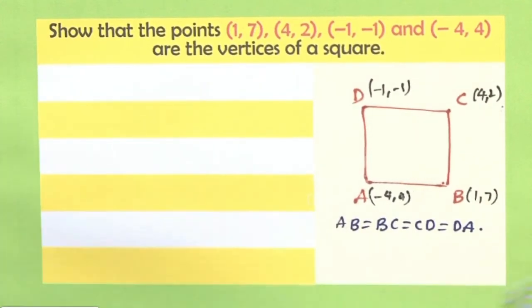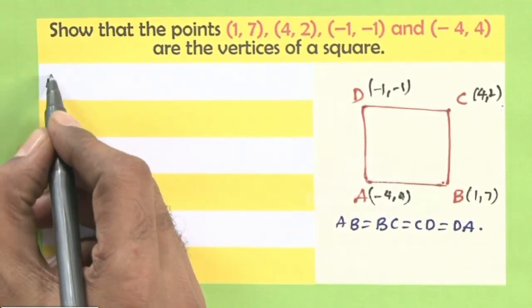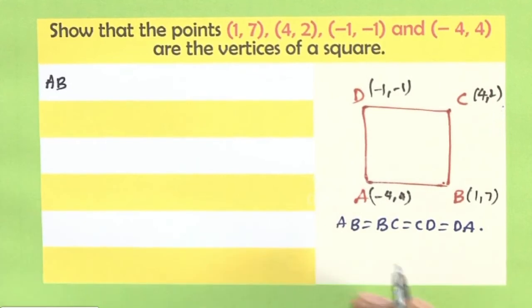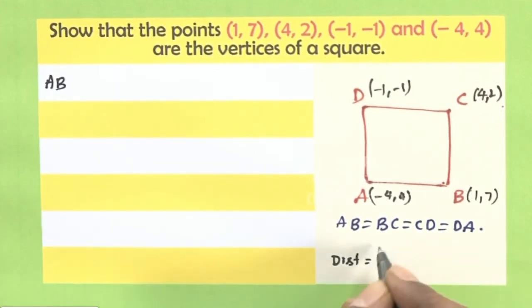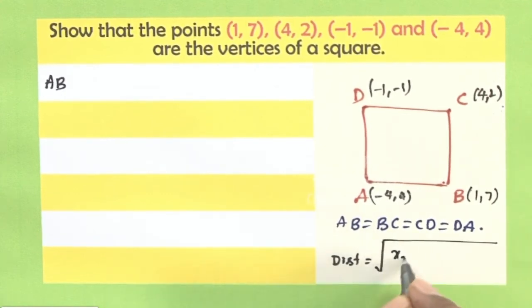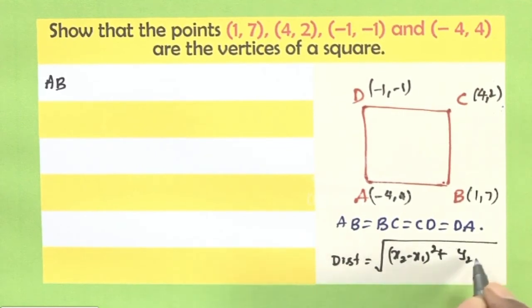Now let us find out what is AB. Remember, dear students, the distance between any 2 points is given by a simple formula: square root of x2 minus x1 whole square plus y2 minus y1 whole square.